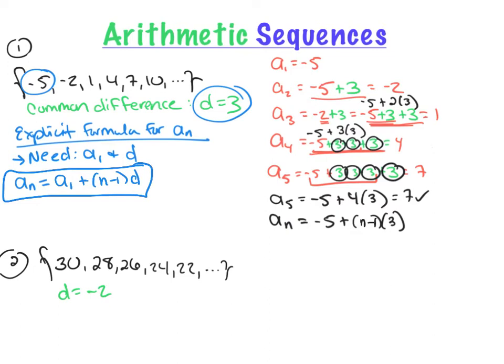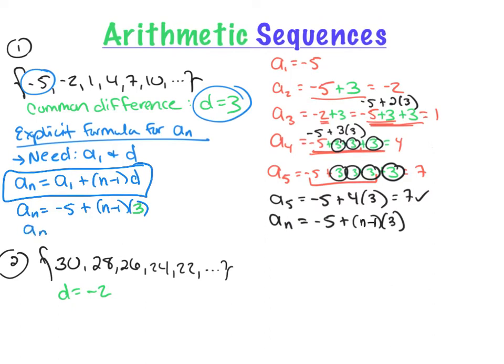Okay, so let's do that for this very first example here. A sub n would be your first term, which is -5, plus n minus 1 times the common difference, which we know is 3. And that's a pretty unsimplified version of that, but that'll do.